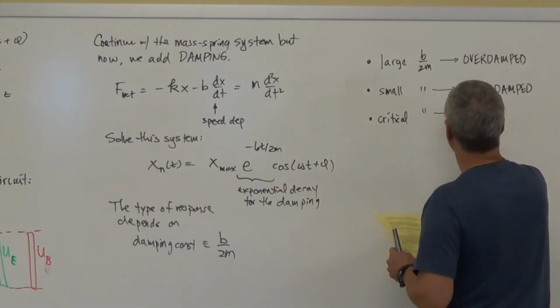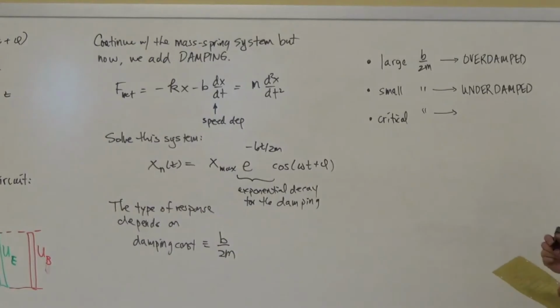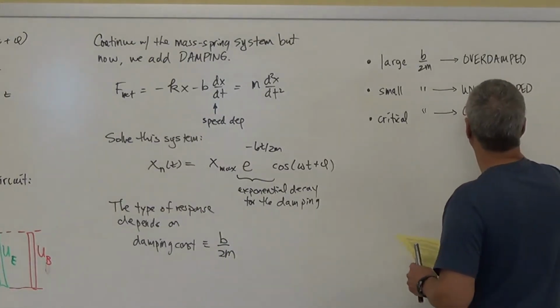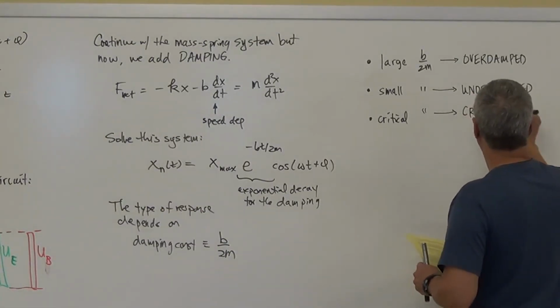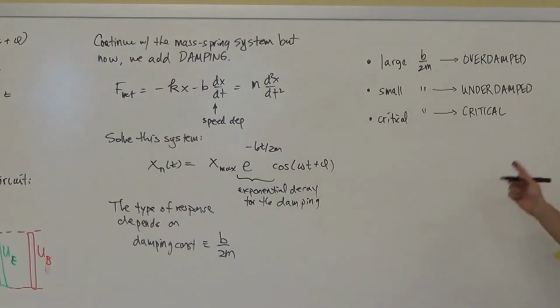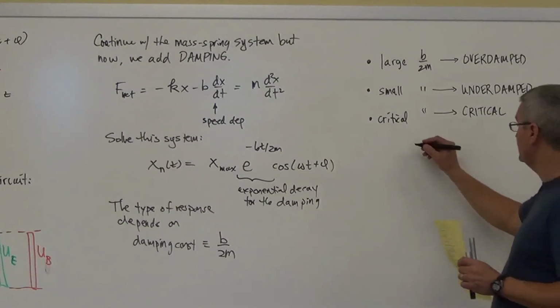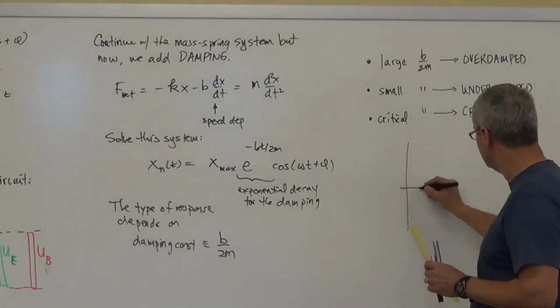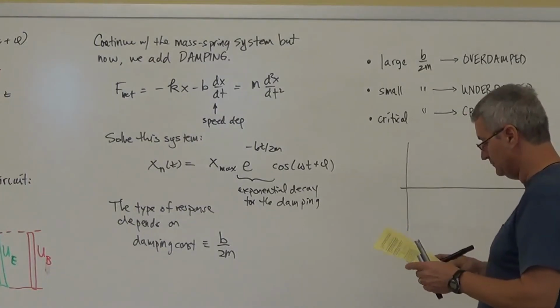And if it's critical, they call it critical damping. And you can go into the lab and you can measure these fairly accurately. And so we can draw these pretty quickly to get a sense of what they look like.